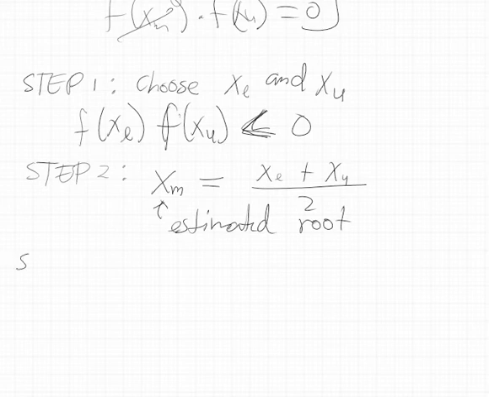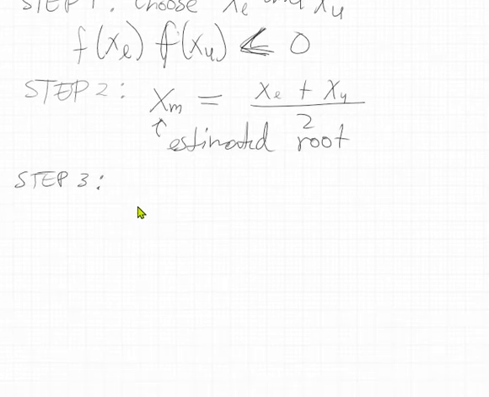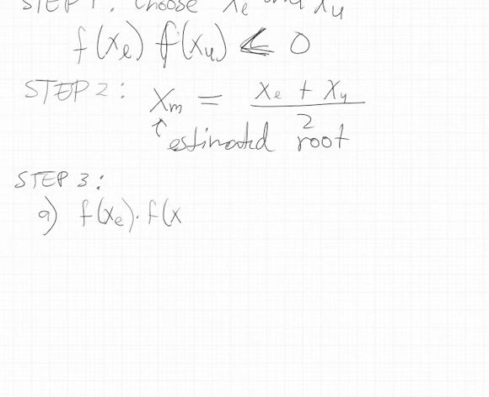This is step 3. This is what we did in the first part. So how do we compare? So A, there are 3 cases here. Case A is when f of xl times f of xm is less than 0.